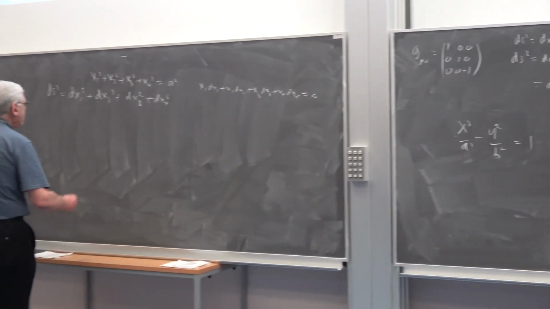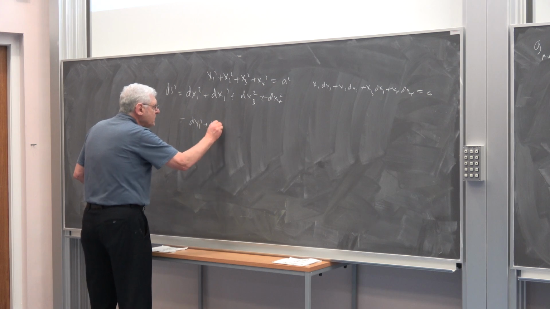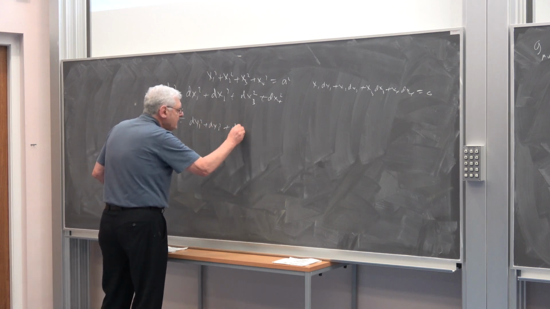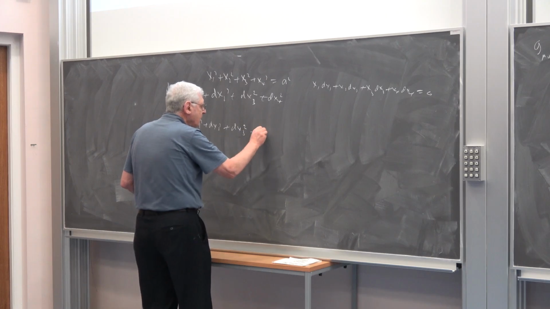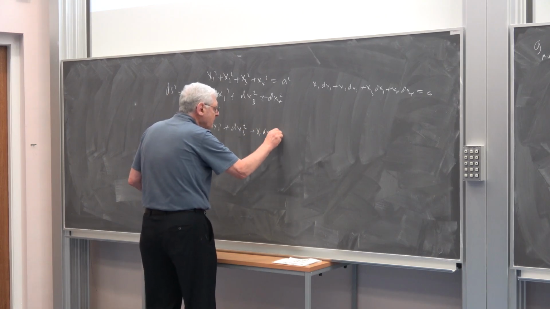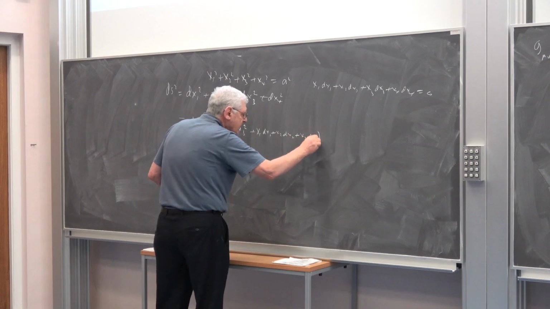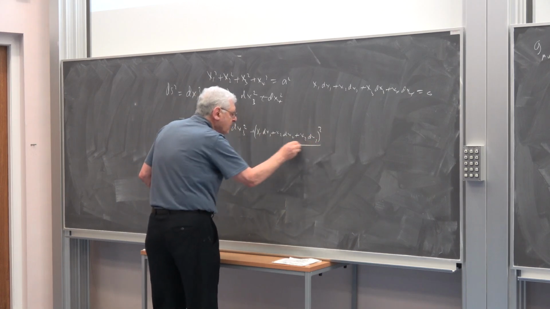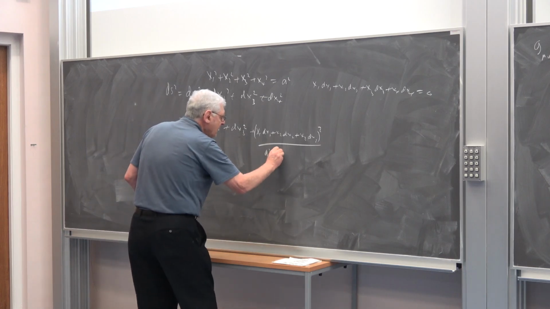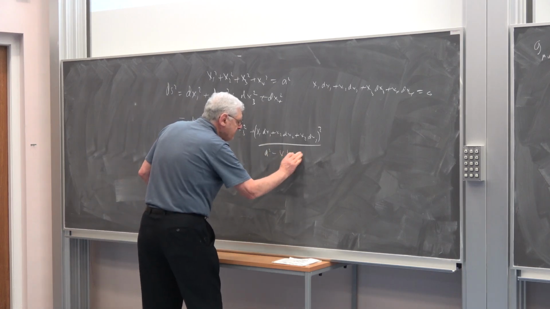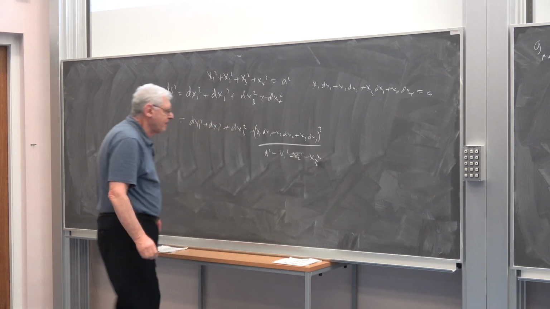So now we can rewrite this as dx1 squared plus dx2 squared plus dx3 squared, and dx4 squared is (x1 dx1 plus x2 dx2 plus x3 dx3) squared divided by x4 squared, which is a squared minus x1 squared minus x2 squared minus x3 squared.